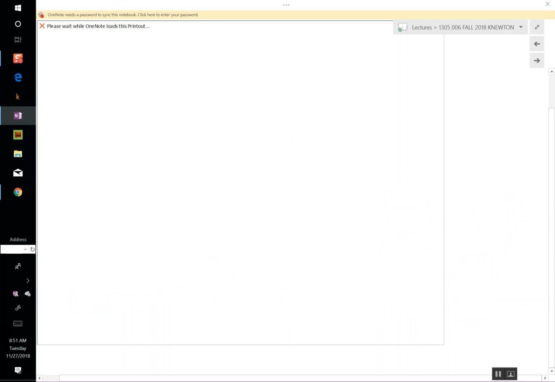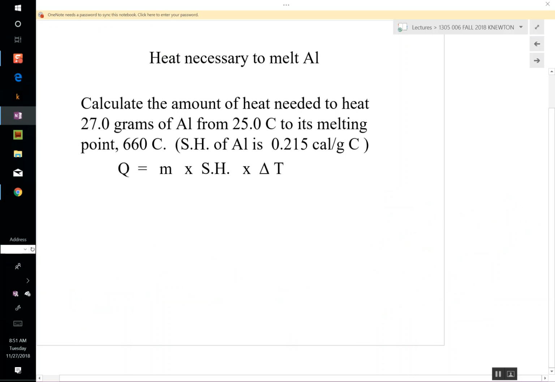Let's see here. So yeah, why is this positive? Calculate the amount of heat needed to heat 27 grams of aluminum. Now this is a physical change here. We're not even talking about a chemical reaction, but we are talking about something that requires heat.